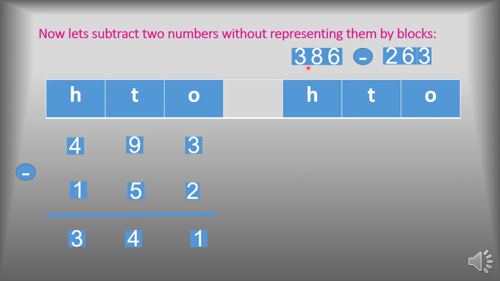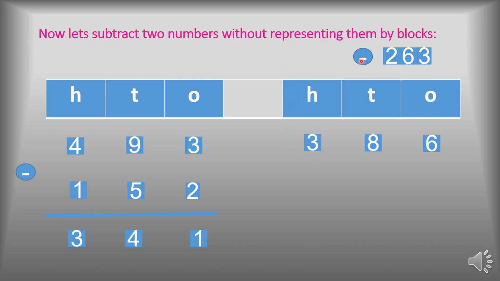Let's move to the second question. We should subtract 263 from 386, but before that we should arrange the ones digit under the ones, the tens digit under the tens, and the hundreds under the hundreds digit.